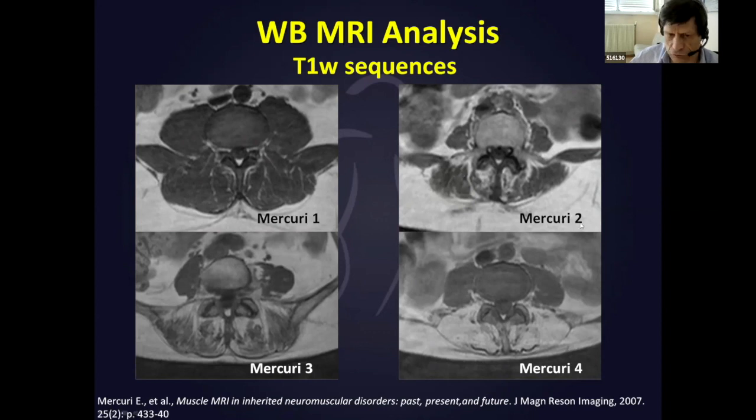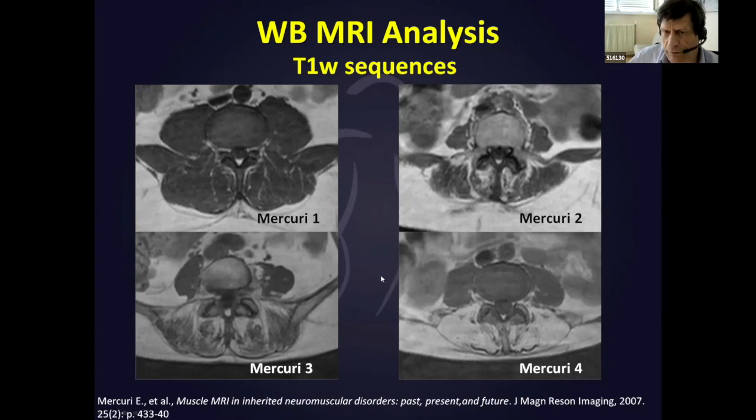It's Mercuri 2. Here you have between 30 and 60% of fatty replacement into muscle. It's Mercuri 3. And here you have more than 60% of fatty replacement into the muscle. It's Mercuri 4.